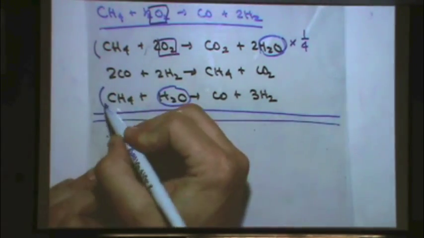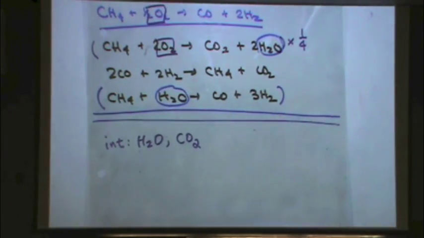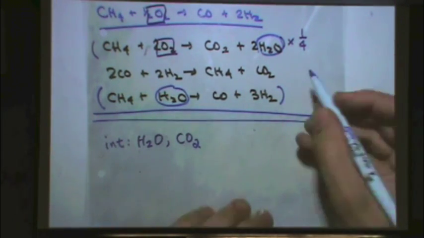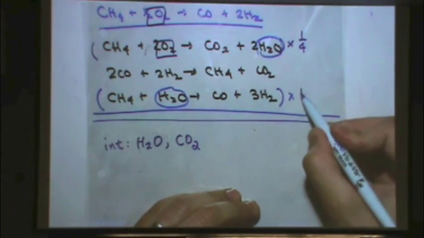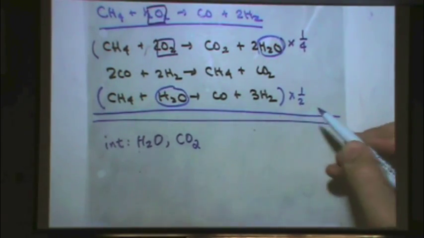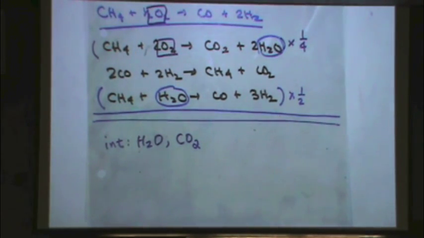What can I multiply this third one by to cause the H2O to cancel? There's 1/2 of this here, so I'm going to multiply by 1/2 here. So now I'll have 1/2 H2O in the first reaction in the products, in the last reaction in the reactants. They're going to cancel when I add them. So now my first and my third reaction are pretty set.